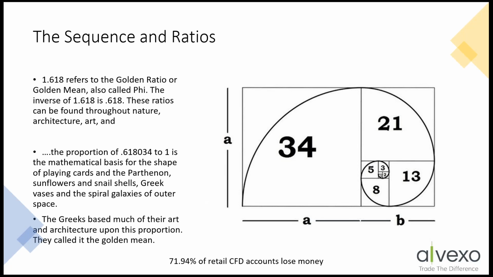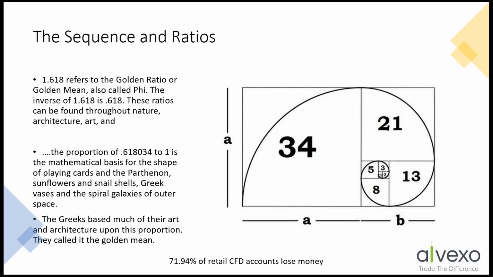But the funny part is, again, forget about financial applications, forget about online trading. These numbers have been around since the Greek ages. 1.618 refers to the golden ratio, or the golden mean called phi. And the inverse of this is 0.618.